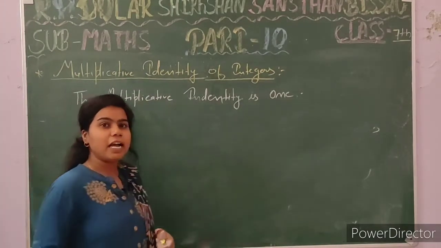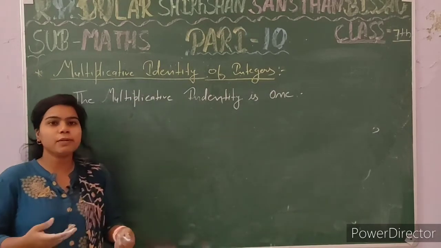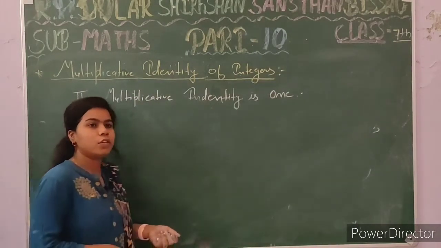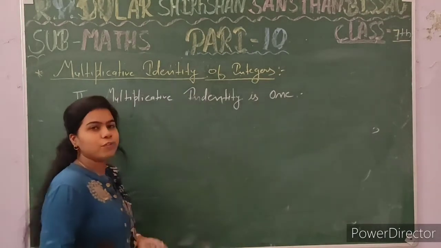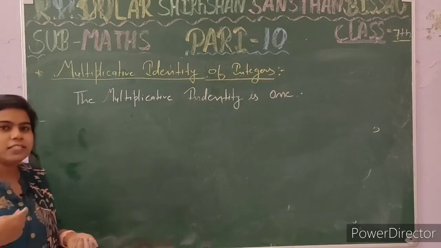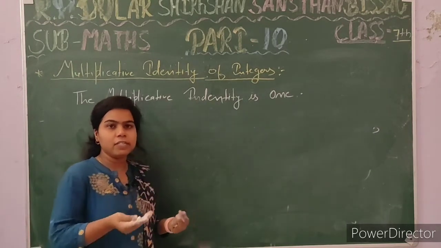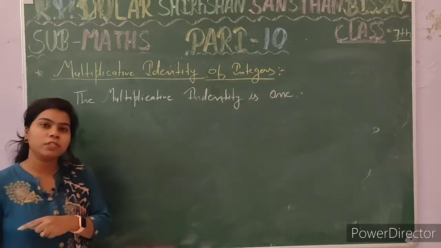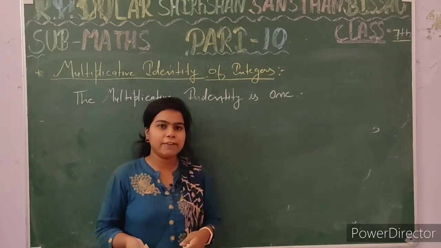Additive identity means which digit, when added to any digit, gives that same digit. So we say that 0 is the additive identity.